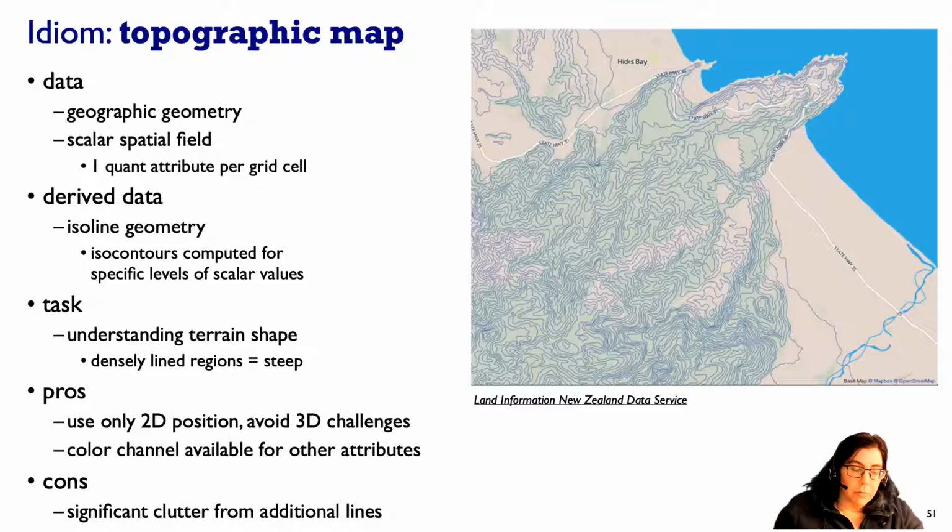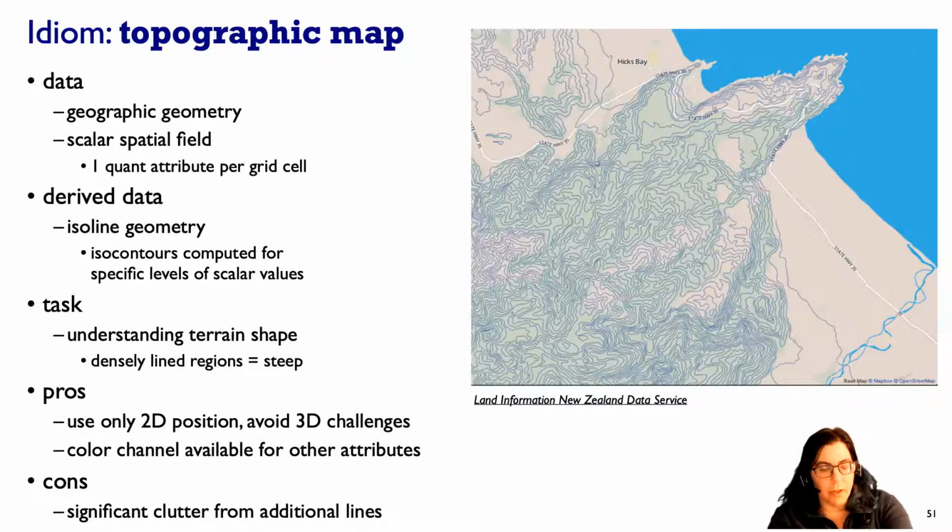Now, what's good about this approach is we're only using two-dimensional spatial position here. This is a 2D layout. We're able to avoid a lot of the challenges with 3D, and we'll be talking about those in a lot more detail in a few weeks. It's also notable that that means the color channel is something we can use for other attributes, right? In a choropleth map, we aren't able to color code anything beyond the attribute that we're using for the choropleth.